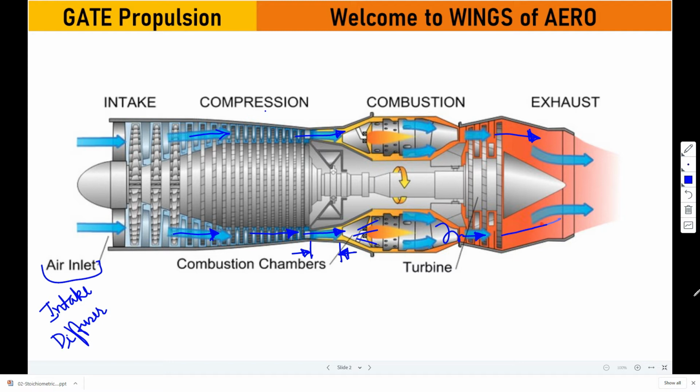The shape of the nozzle is kept in such a way that it is based on what kind of flow we are using to expel the flow out.